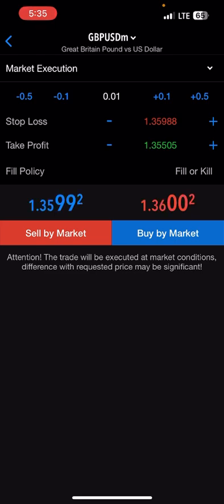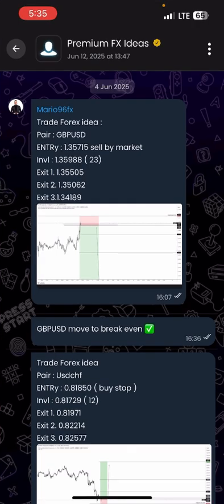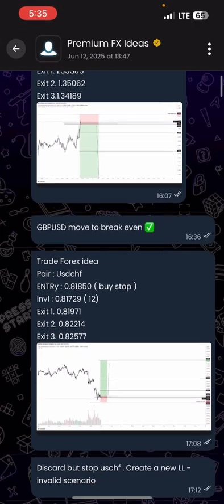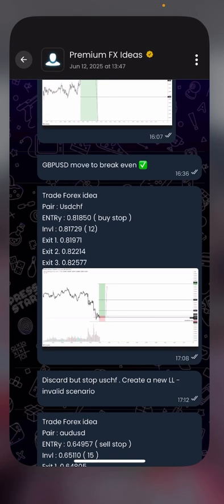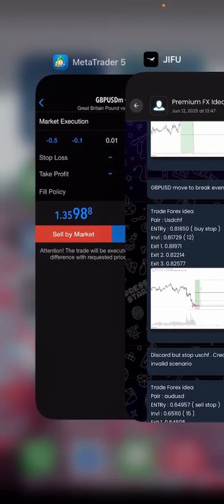Okay, so now let's go back and take a trade which is a pending order. Let's go back to the GIFO app. Okay, so you can see USD CHF is a buy stop. So the first thing to do is to search for this currency pair, USD CHF.